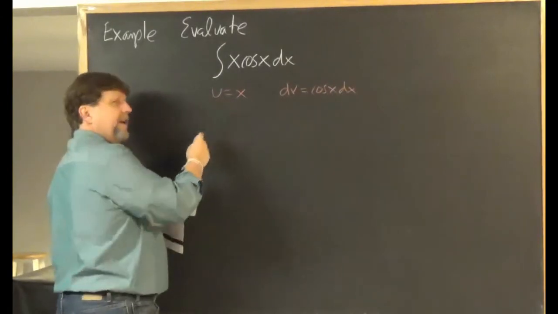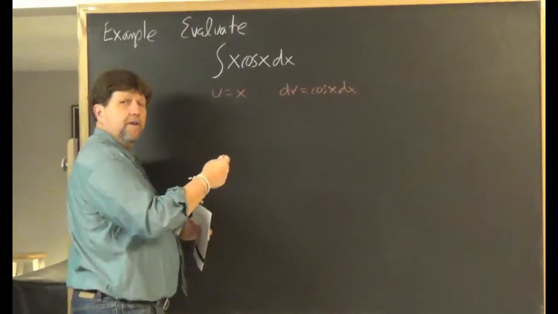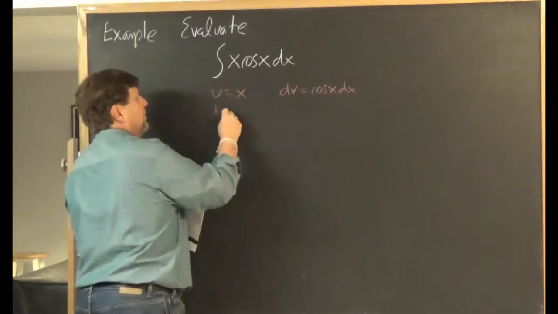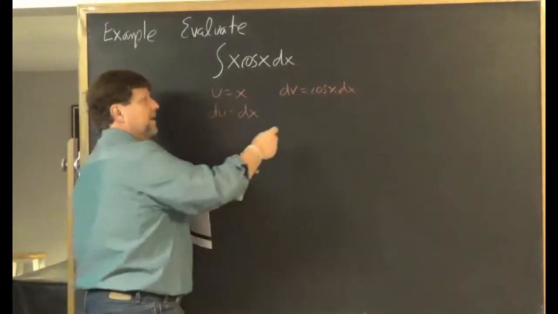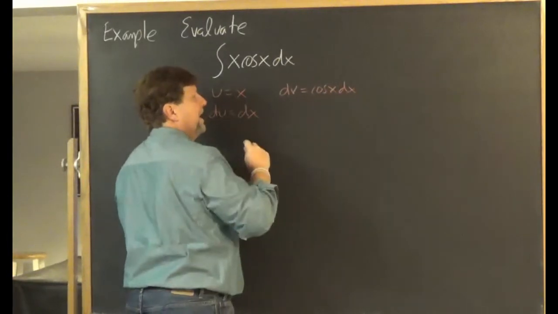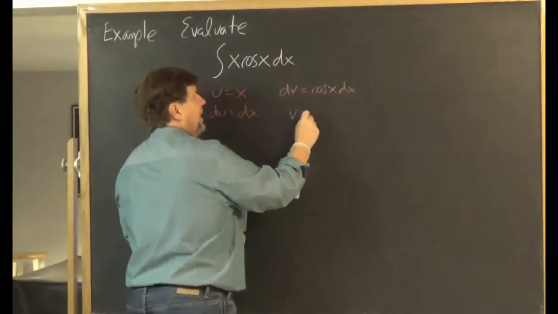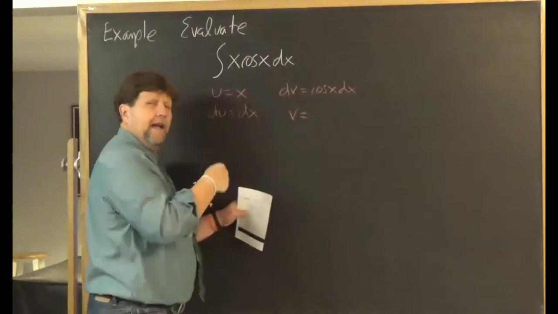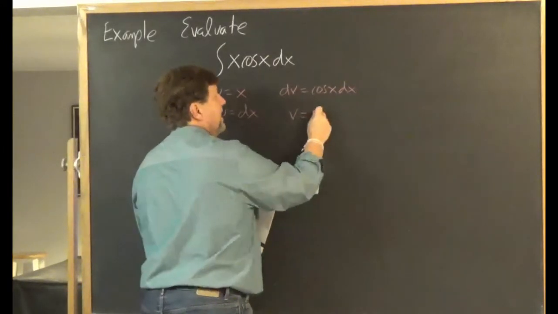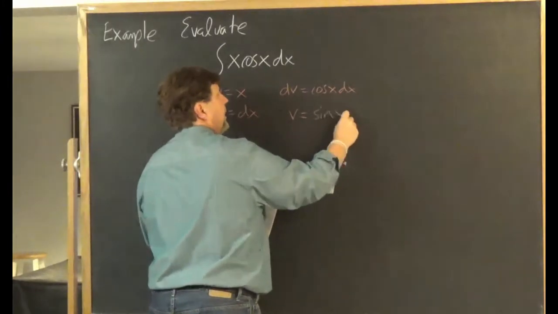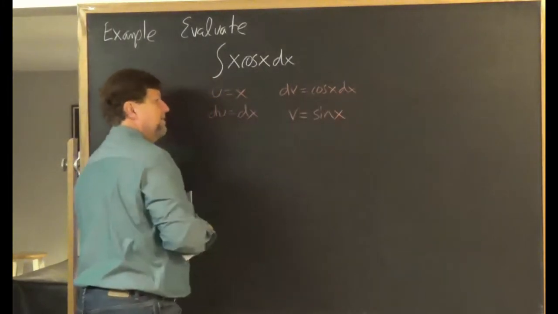The derivative here is a simpler function. Likewise, dv being cosine x dx, that's the most complicated part that I can easily or quickly integrate. And the antiderivative of cosine is sine.